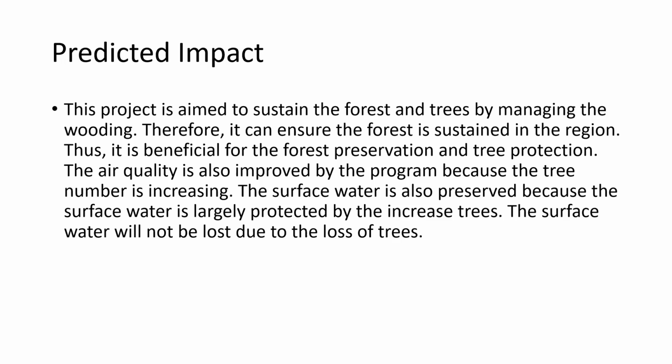Thus, it is beneficial for forest preservation and tree protection. The program also improves the air quality because the tree number is increasing. The surface water is also preserved because the increased number of trees primarily protects the surface water. The surface water will not be lost due to the loss of trees.